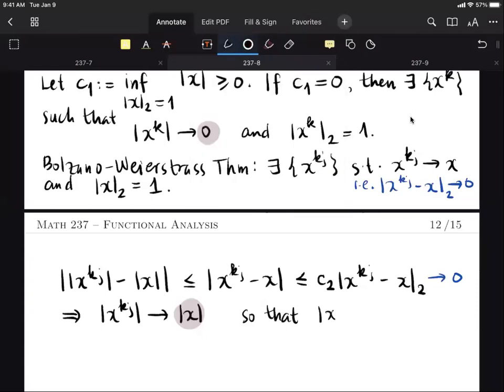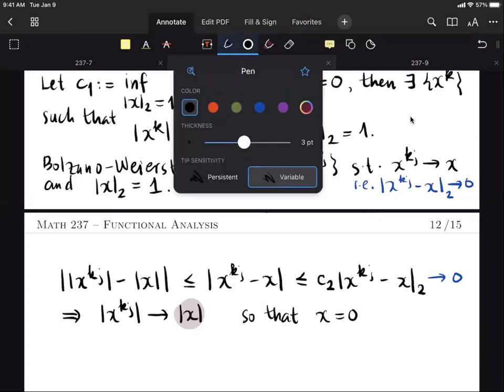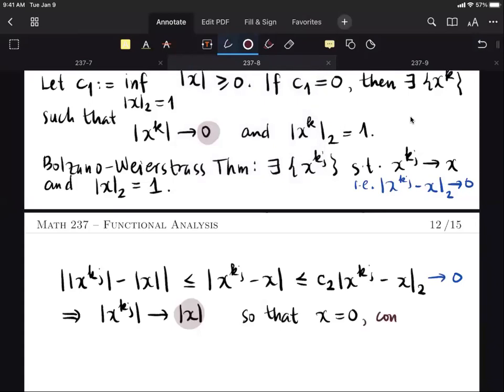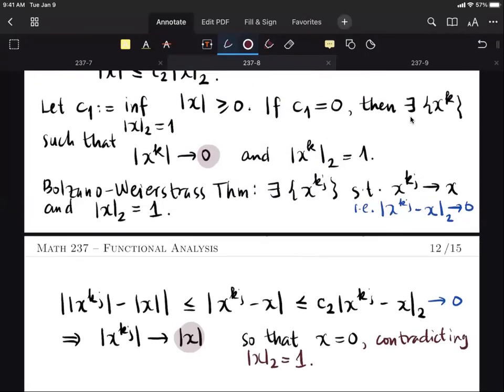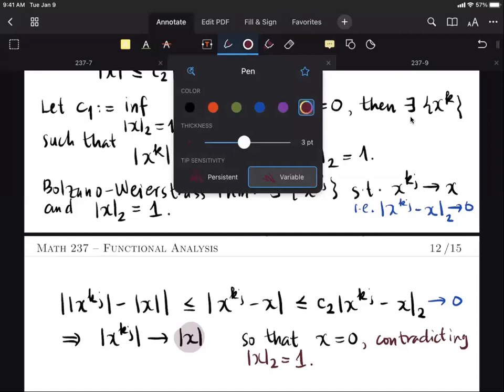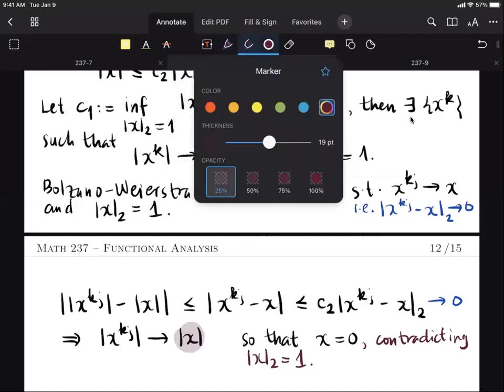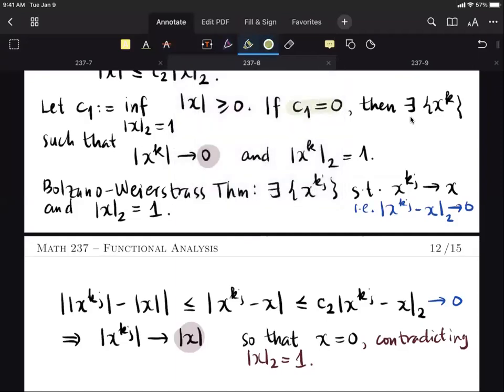So the norm of x is 0, hence x must be 0. And there's a problem here. This contradicts the fact that the Euclidean norm of x is 1. Okay, so this is not true.